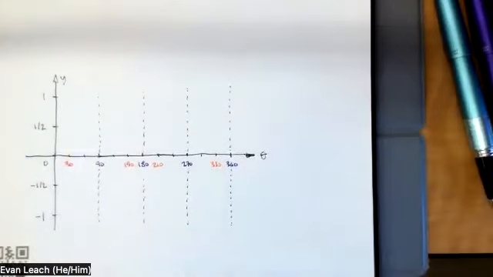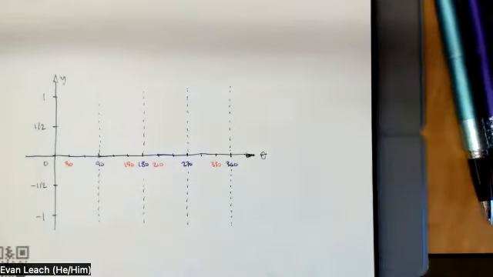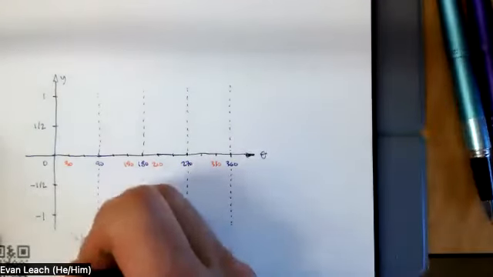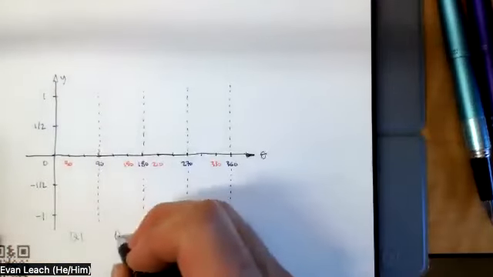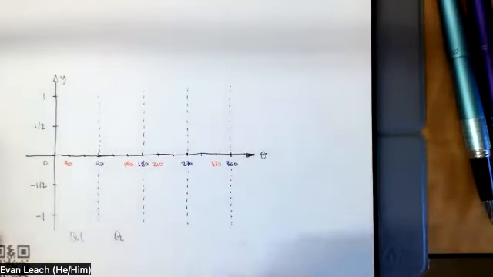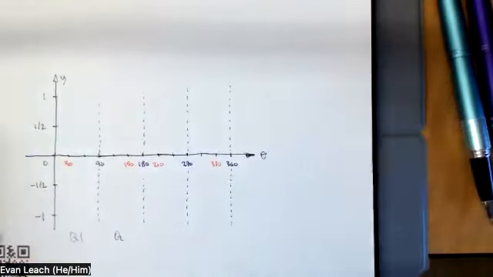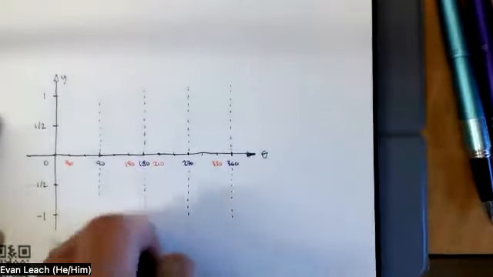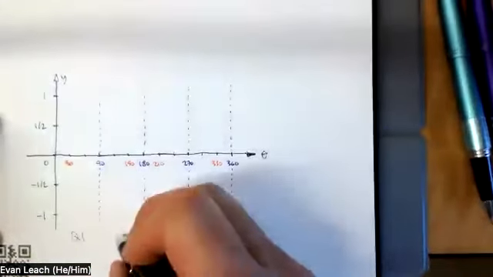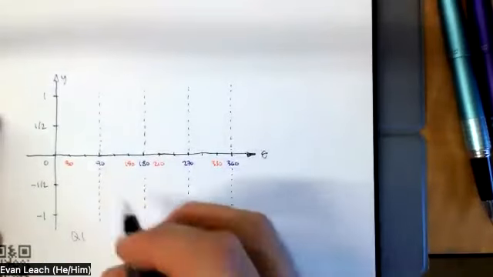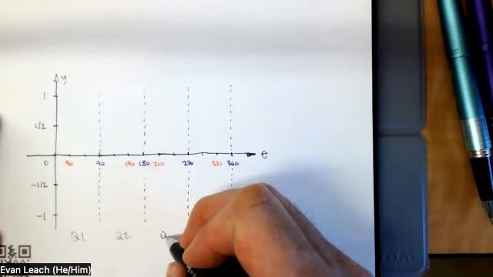So here we have the graph set up. Once again, I've marked off each quadrant in thirds. So here's quadrant 1 from 0 to 90. Here's quadrant 2. From 90 to 180 in quadrant 3.